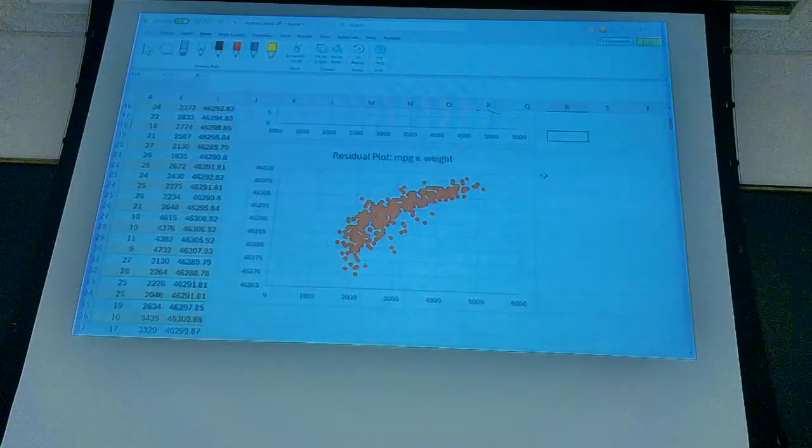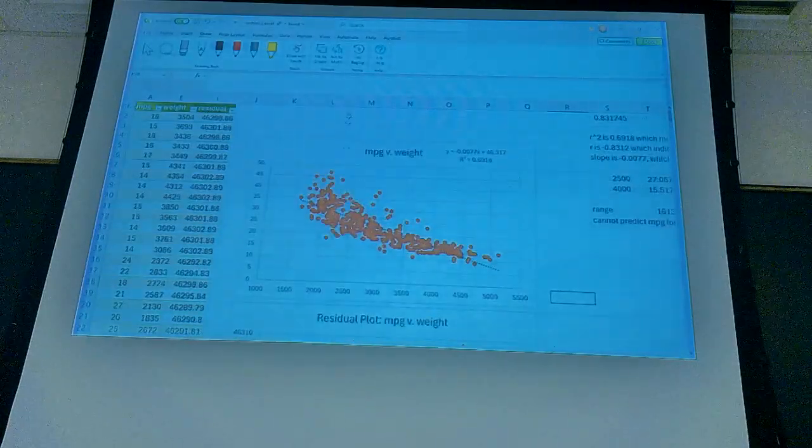Is it a perfect pattern? No. But is it discernible? Yes. So if I say be careful, linear may not be a good fit for this data. Questions on the linear regression?